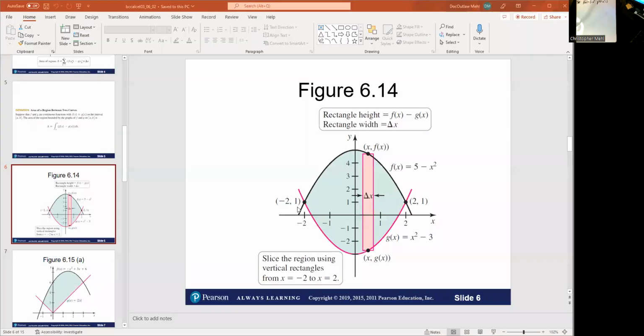If I were to stick those in my graphing calculator, I'd see that they intersect each other, and I want the region between those two points of intersection. So I need to know what that is.